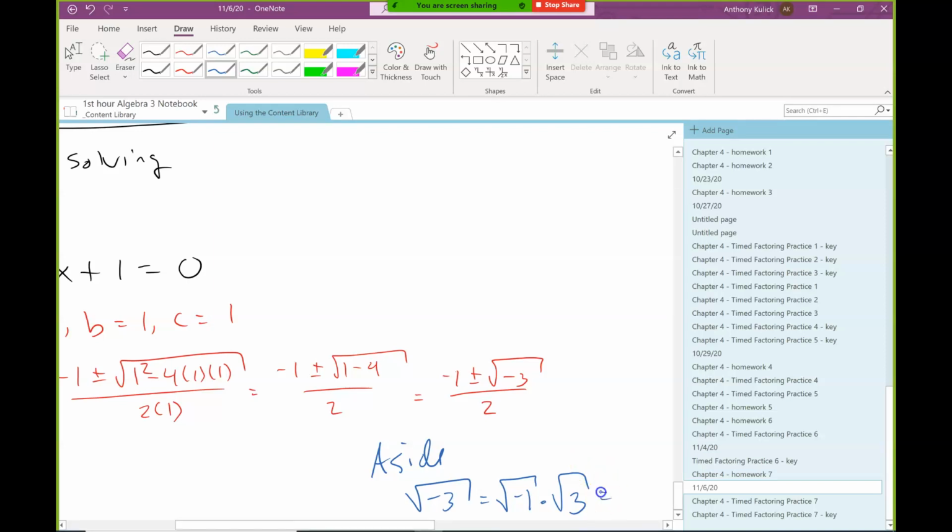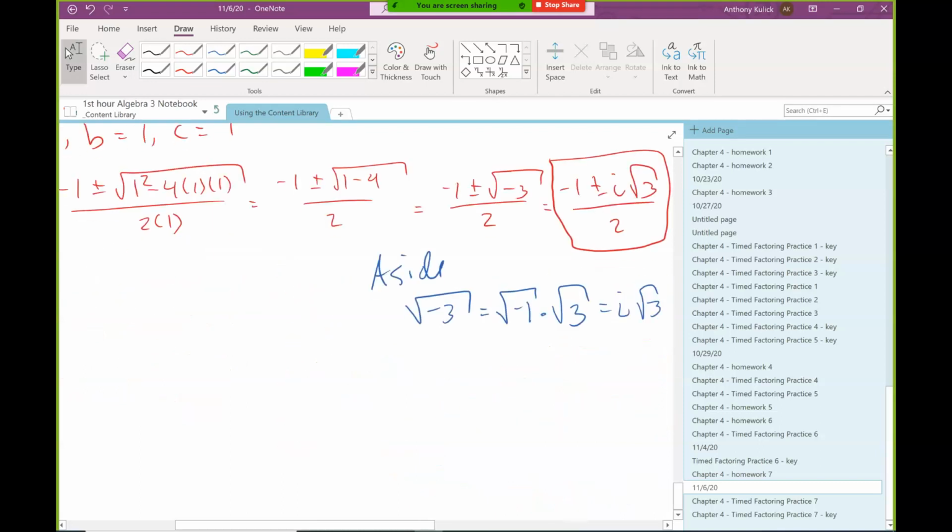And what's the square root of negative 1? That's i. So we're just going to write this answer as a complex number. And we're done. No big deal.